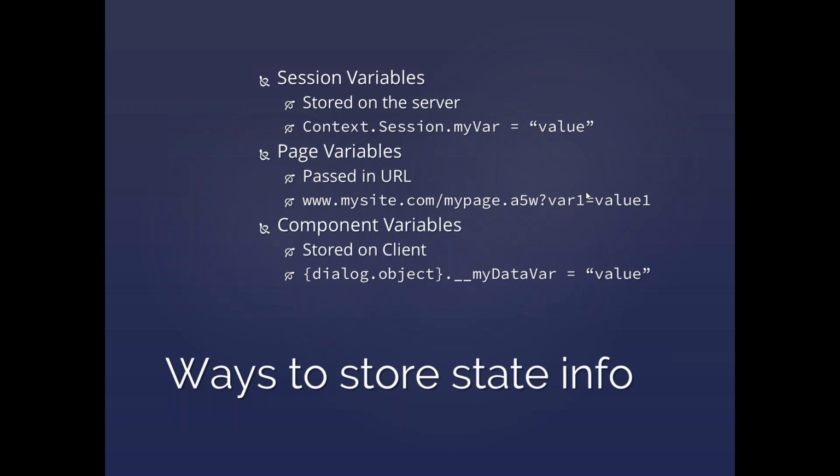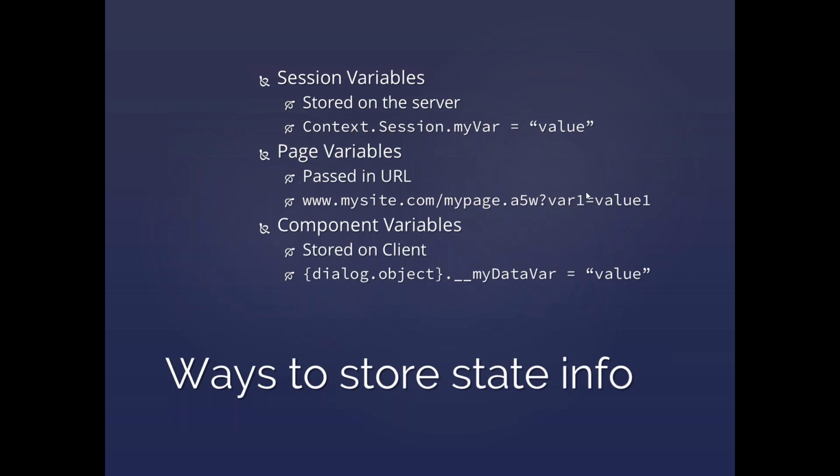We've talked about session variables. They're variables that are stored on the server, in an object called context.session. You interact with it using XBasic, and it exists for the user's session, however long they're logged into your website, until it expires. That is all stored up on the server.